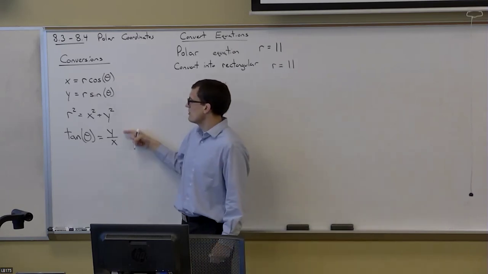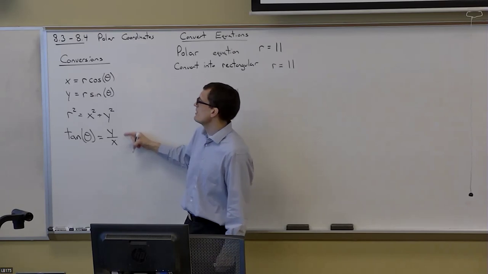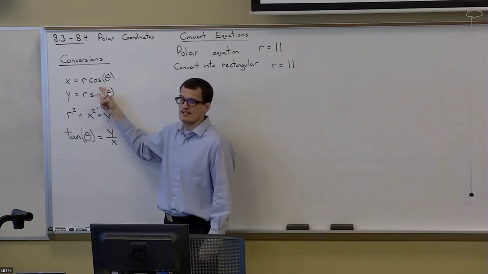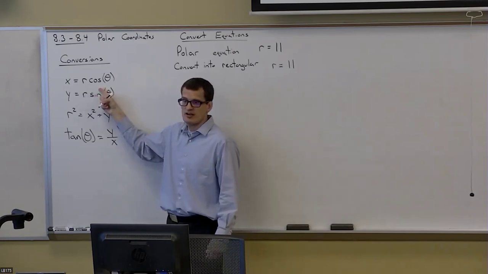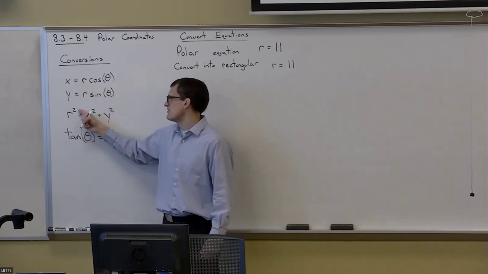I look at these conversions and I say it would have been nice to have cosine attached to the r. It would have been nice to have sine attached to the r. It would have been nice to have an r squared.